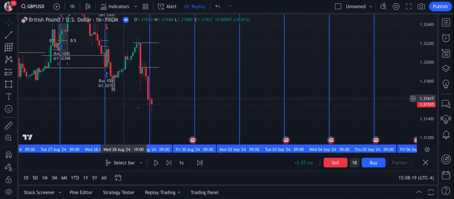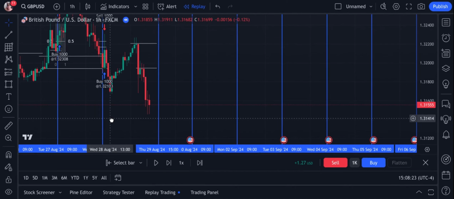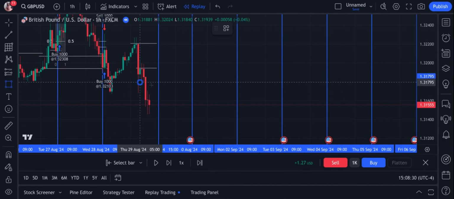So we have a 1 hour fair value gap here. This is a confluence that we can see get entered into and then end up having a break of structure on the 5 minute and then continue back down.